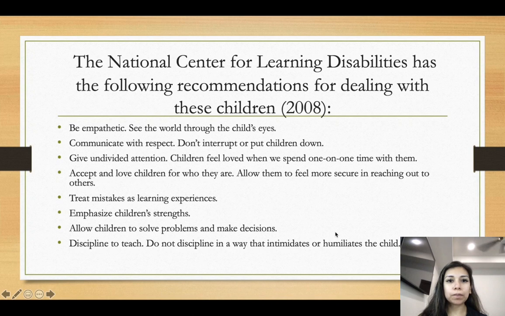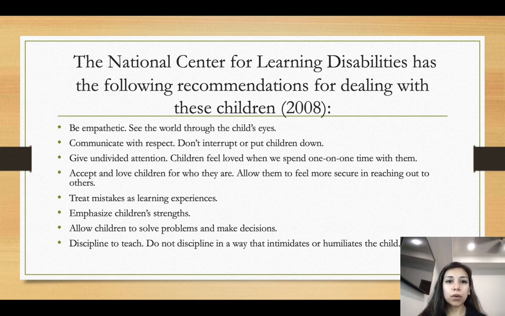Okay, so these are some recommendations for those who are dealing with children who have disabilities, even students in the classroom. You may want to be empathetic. You want to communicate with respect. Don't really interrupt them. Really listen to them and engage with them.